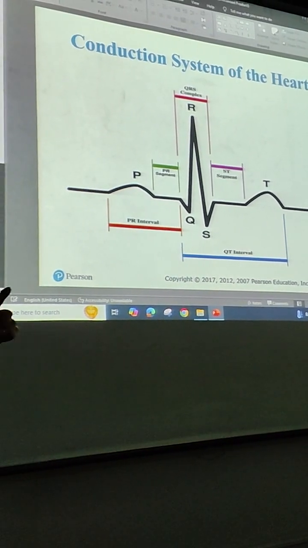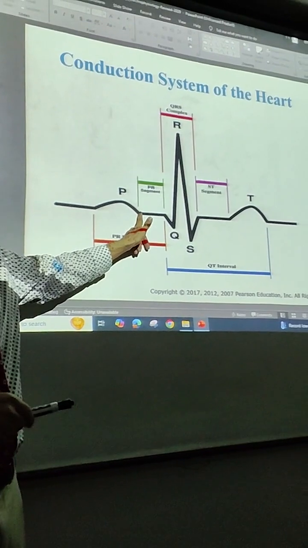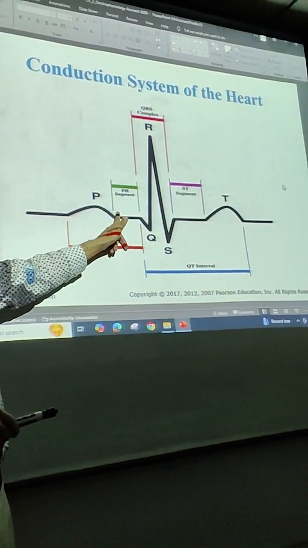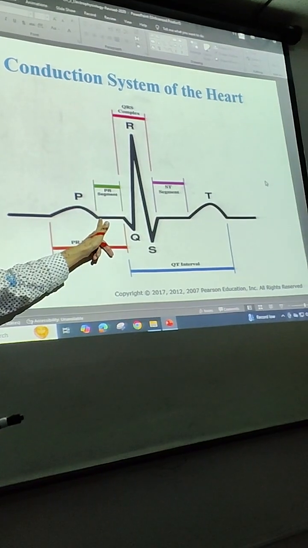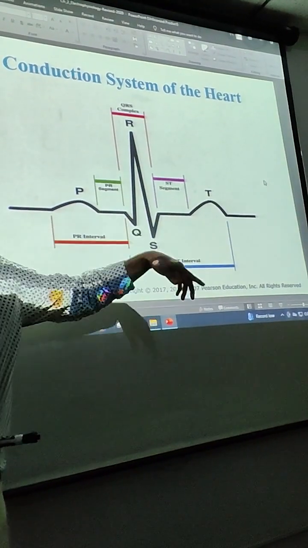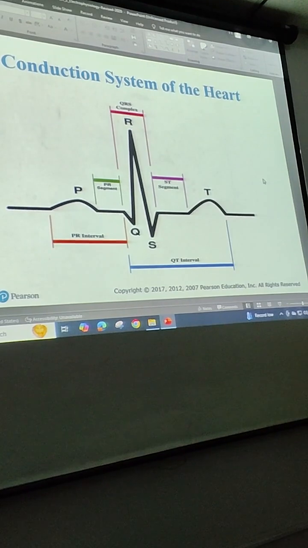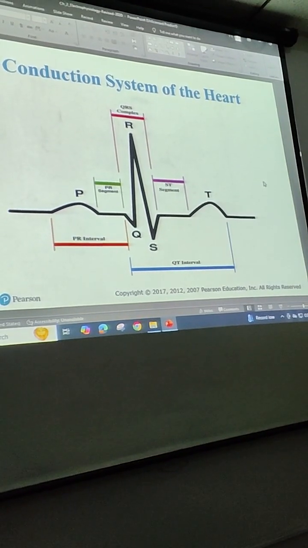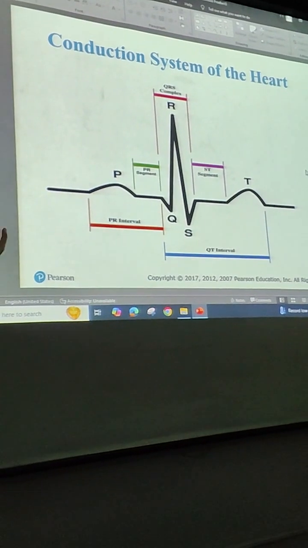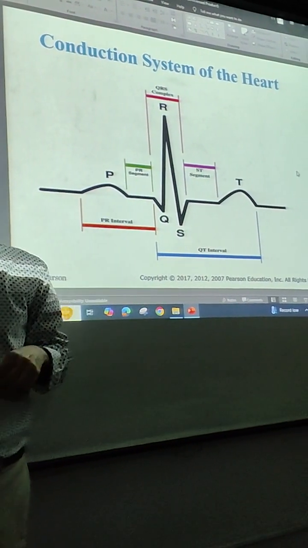Remember, one of them is the distance between the end of the P and the beginning of the R. This is one definition. What other definition can you come up with?